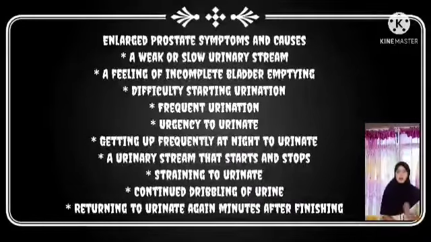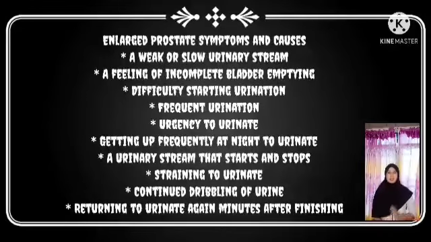Some facts about prostate enlargement: the likelihood of developing an enlarged prostate increases with age. BPH is so common that it has been said all men will have an enlarged prostate if they live long enough.